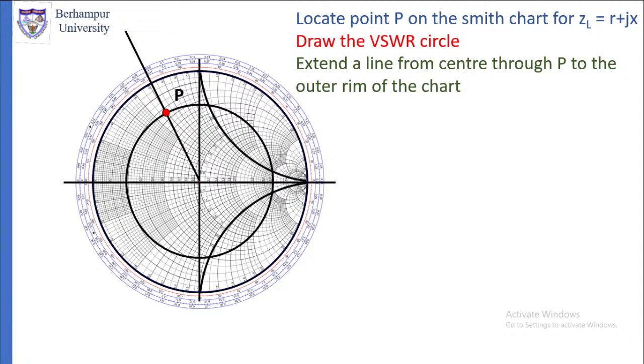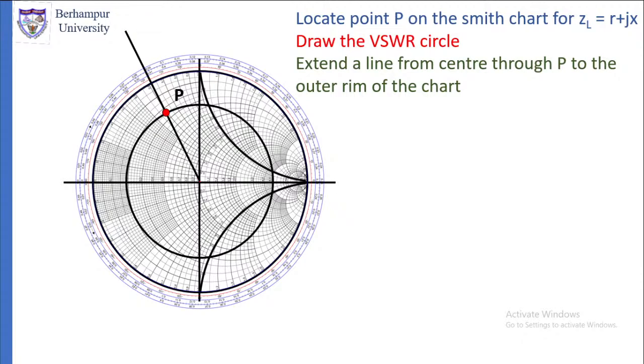Now, before moving in that direction, what we can do is join the center of the Smith chart to the point P and extend it. So from the center, join point P, then extend the line, and that cuts the Smith chart at the outer perimeter. So it goes out to the rim of the Smith chart.